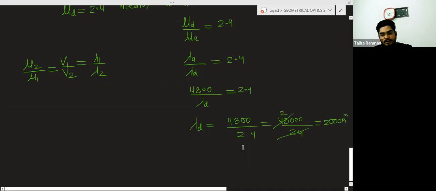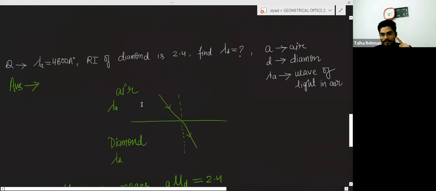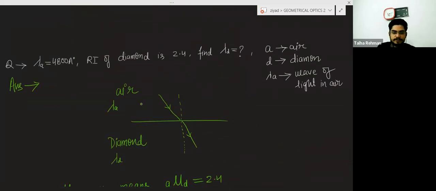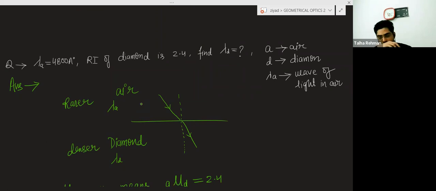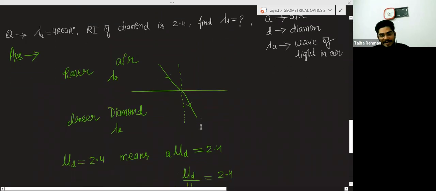angstrom. Now you can see the wavelength is decreasing when moving from rarer to denser medium. This is just an example. It can be like that also: the light is traveling from diamond to air. You can consider that case also.